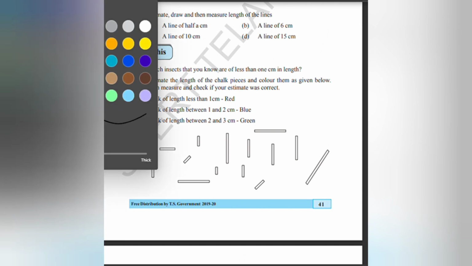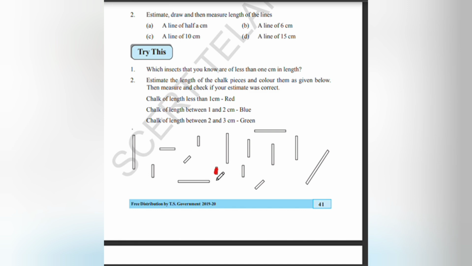Okay. Less than 1 centimeter, it is red. So less than 1 centimeter, this one is red. 2 and 3 will be like this. Okay.